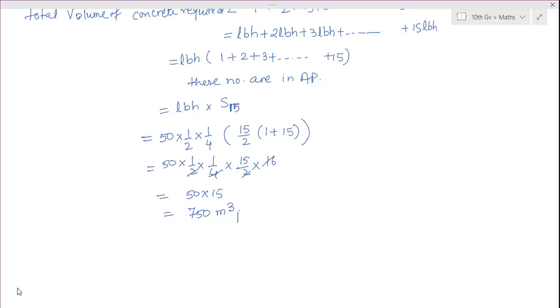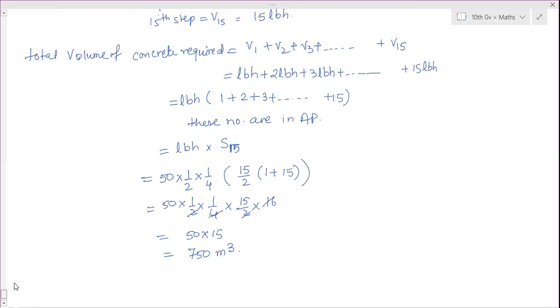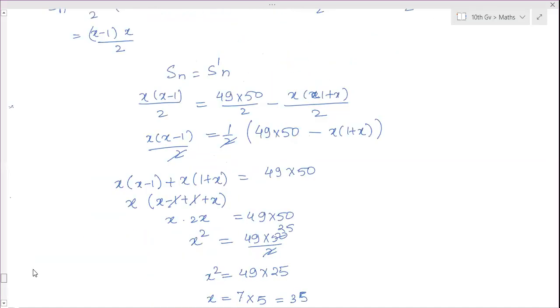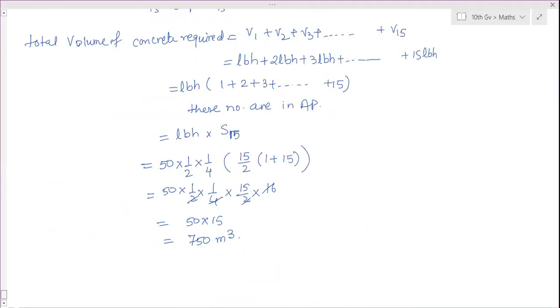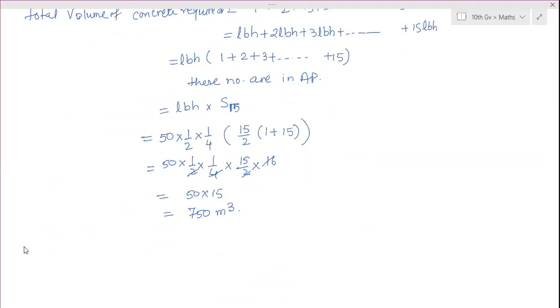For the exam also, from the optional exercise, will they give questions? Actually, this question is from the 2016 board. Then why are they writing that exercise as optional? It was done earlier. Now it is removed. CBSE has told no optional, nothing is there. Last year, a circular came.